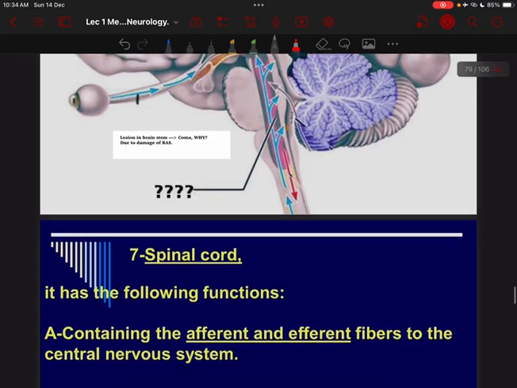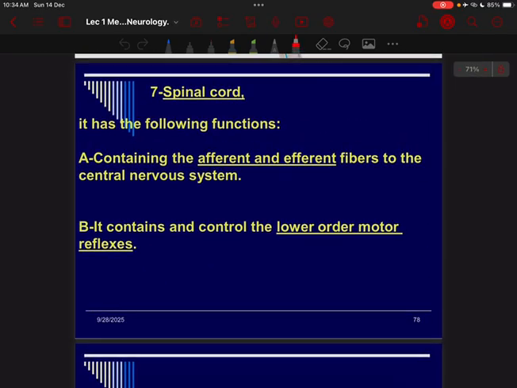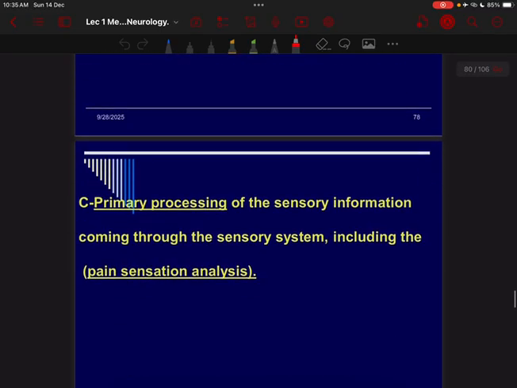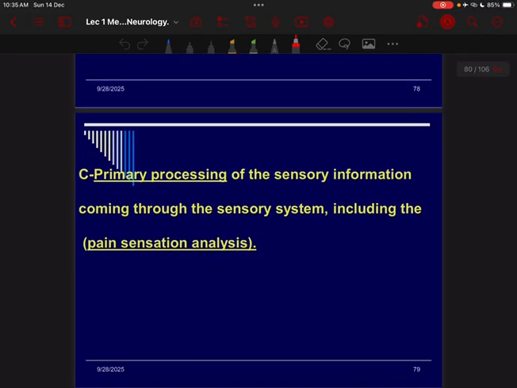And one of the functions of the spinal cord, number one, it contains afferent and efferent fibers. الفايبر النازلة والفايبر الطالعة كلها بالspinal cord. أيضا it controls the lower order motor reflexes. الreflexes الموجودة كلها controlled by the spinal cord reflexes. وأيضا بالspinal cord there is primary processing of the sensory information before it goes up.